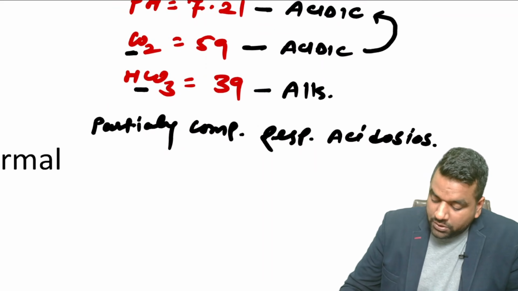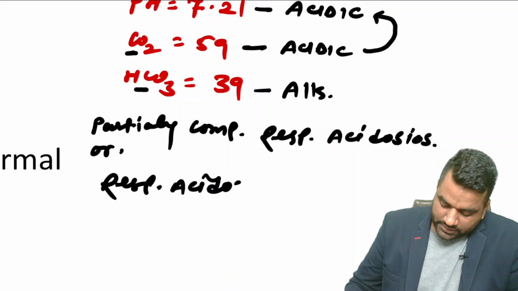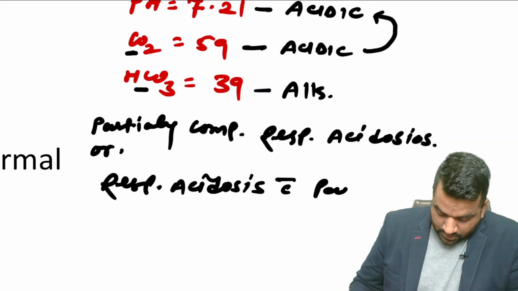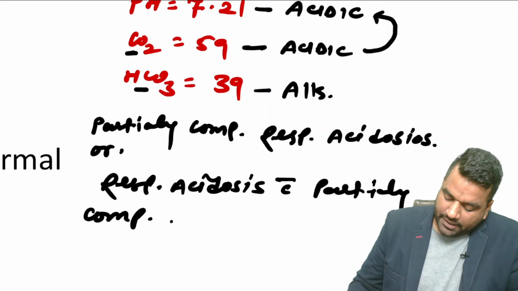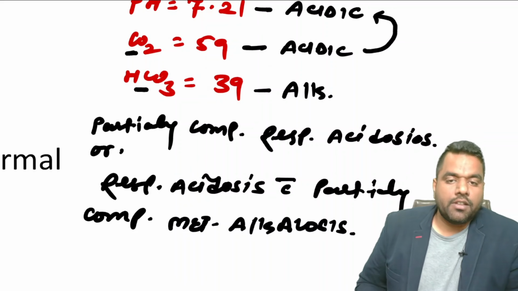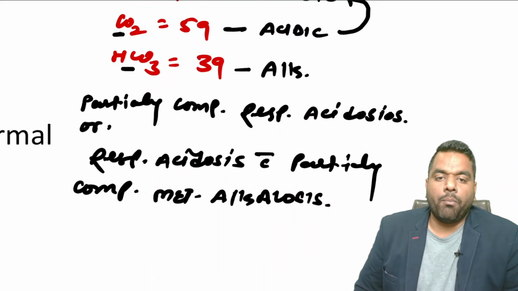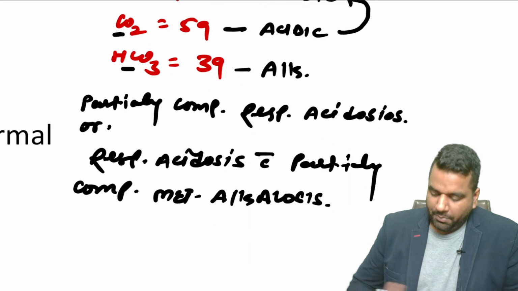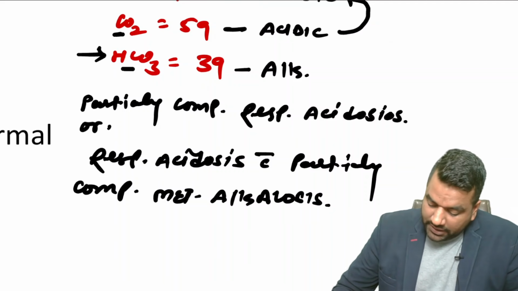Or you can also write it like this: respiratory acidosis with partially compensated metabolic alkalosis, because for bicarbonate we always use the word metabolic. So this is how you can easily answer all of these conditions.